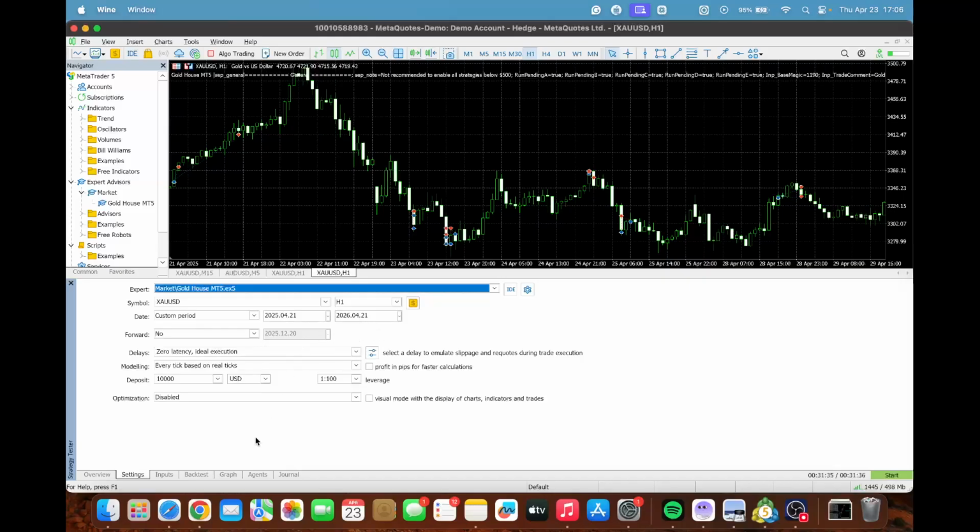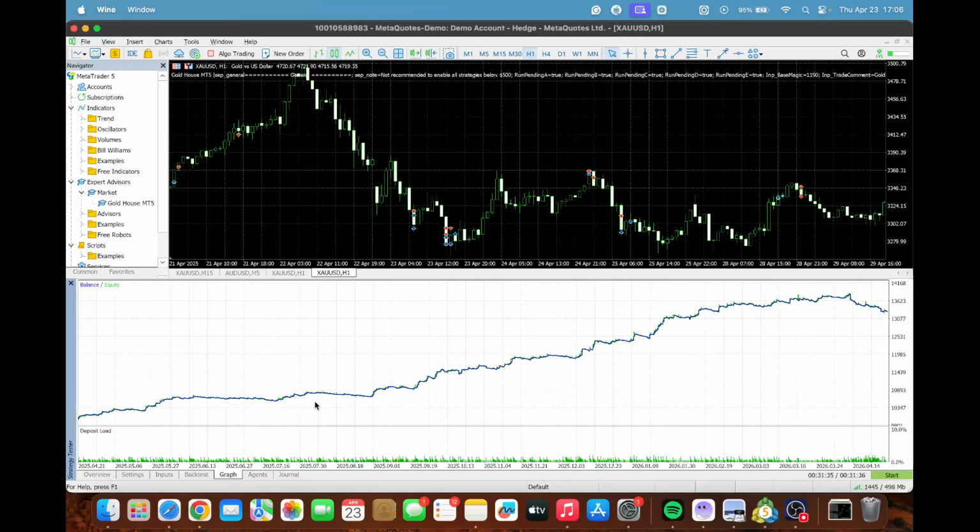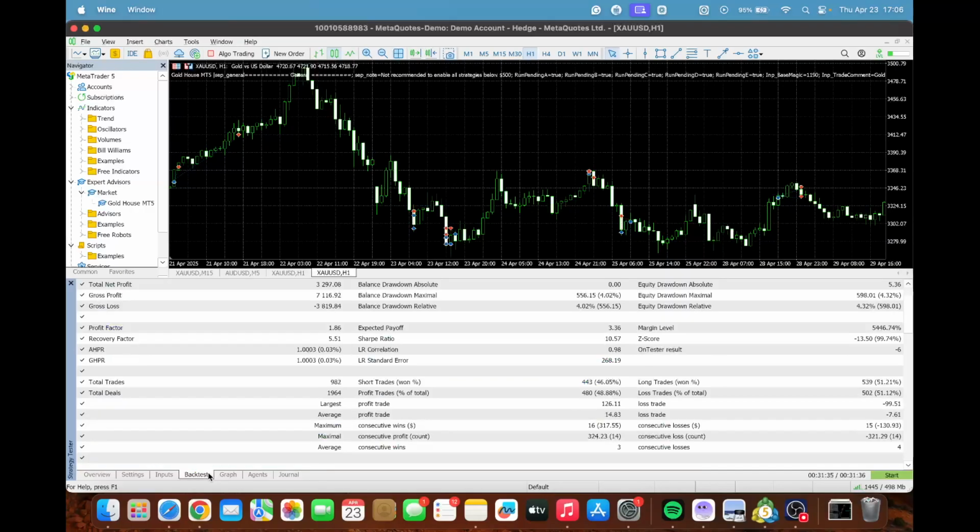The equity curve looked solid. You can see it, a nice steady climb with only shallow pullbacks throughout. It ended up with about $3,297 profit, and the profit factor is about 1.86, and max drawdown just 4.3%. Nearly 1,000 trades with a win rate hovering around 49%.